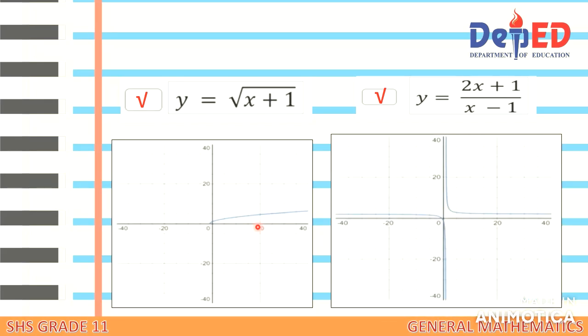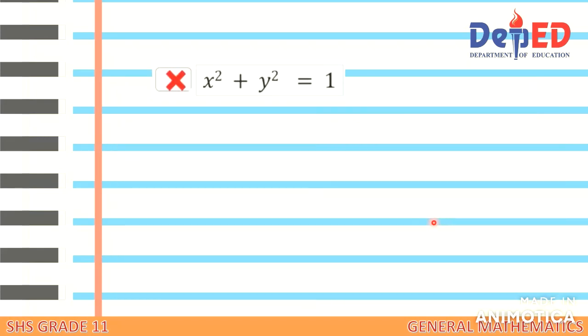So for some rational equations, the graph is like this, okay? Actually, the graph here is just tight, that's why it looks like this. But if we're going to draw a vertical line here, we can only have one point of intersection. And how about the last one? x squared plus y squared is equal to 1 is not a function.